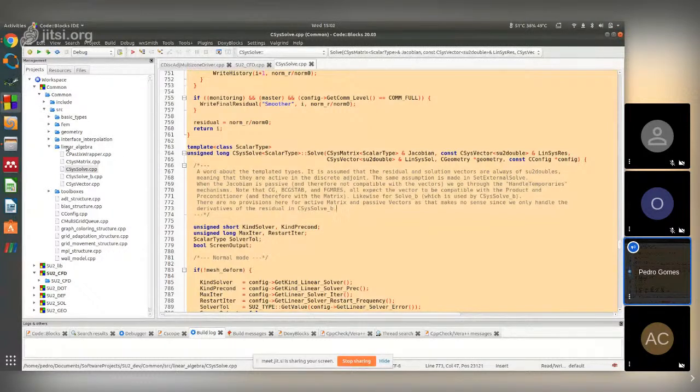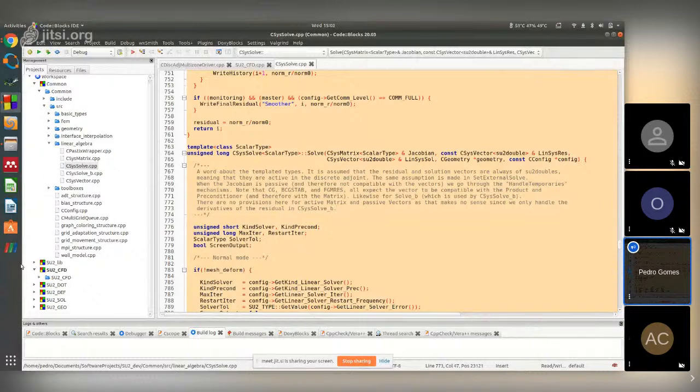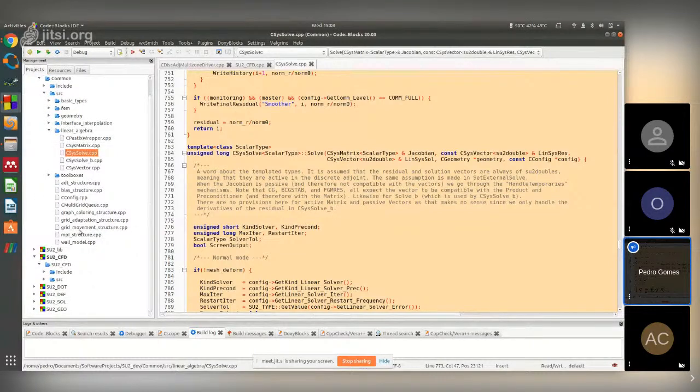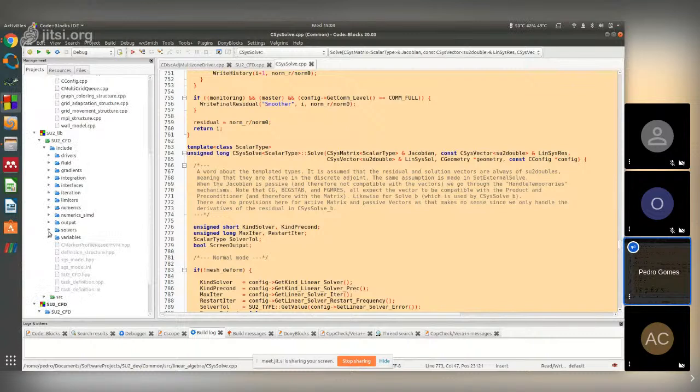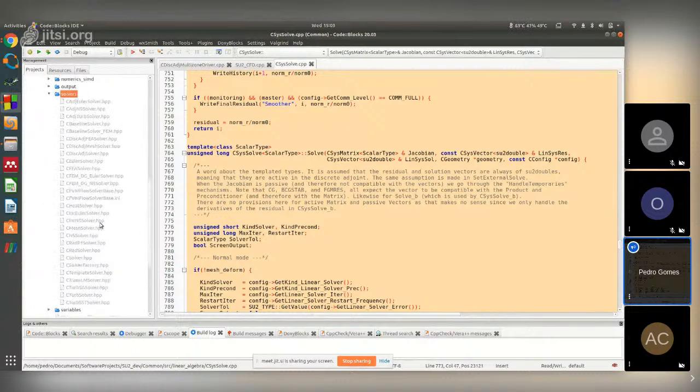So the way this is done is, include solvers, solver CPP.